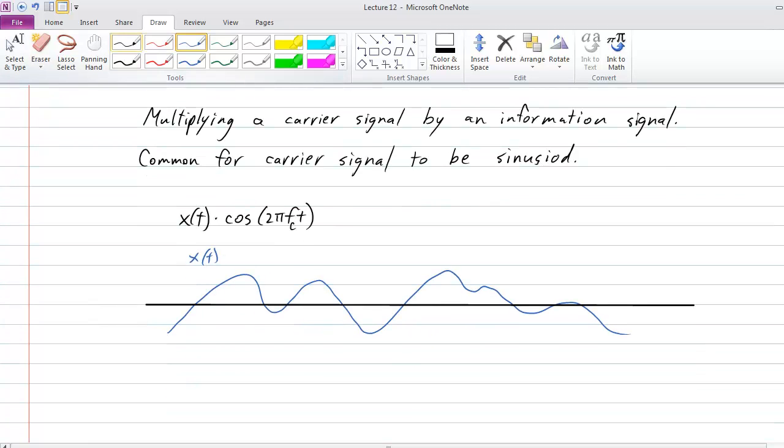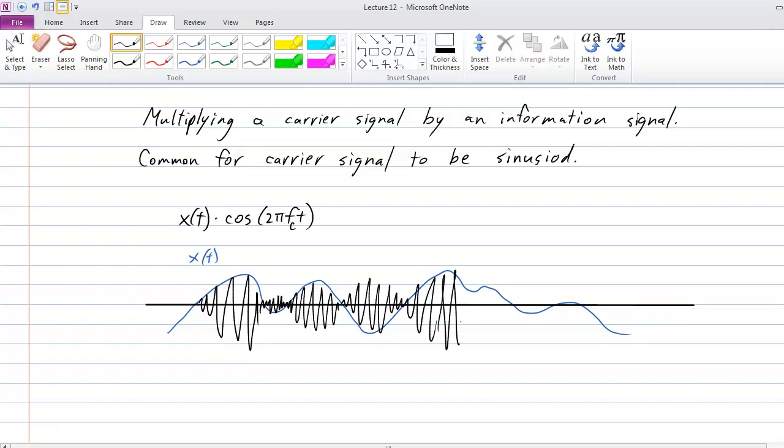Then the result is a multiplication which looks like this. And you get the idea. That's what the product would look like.